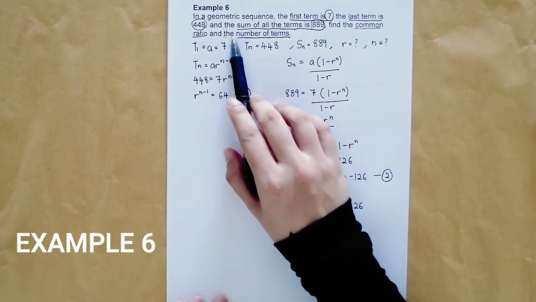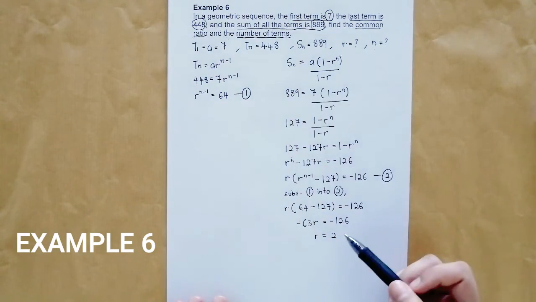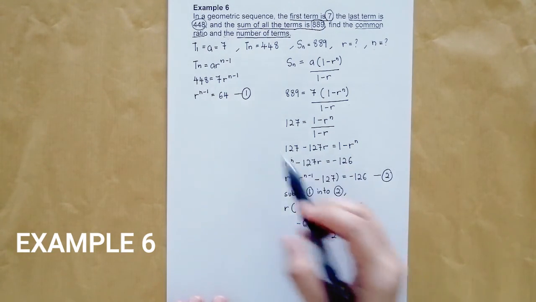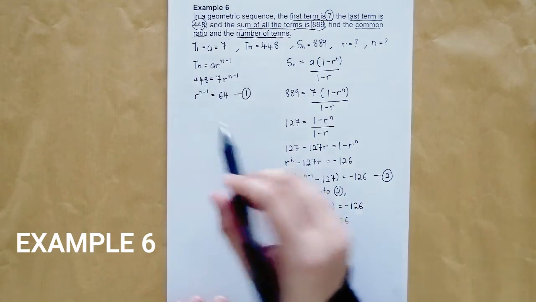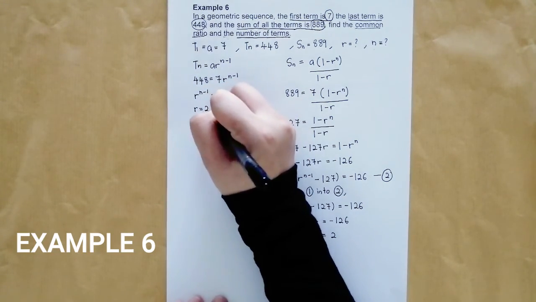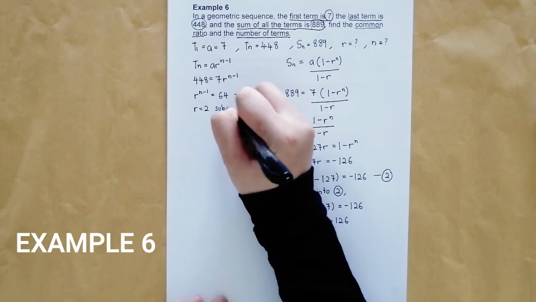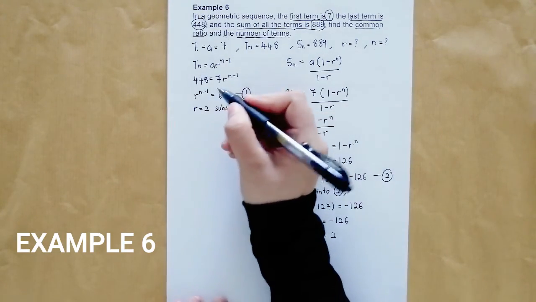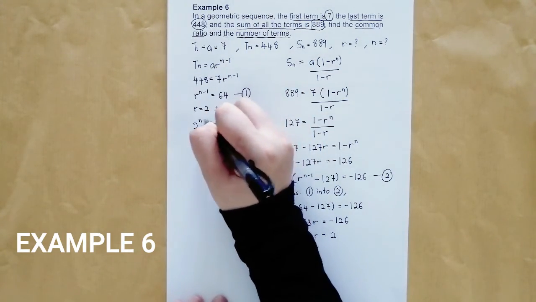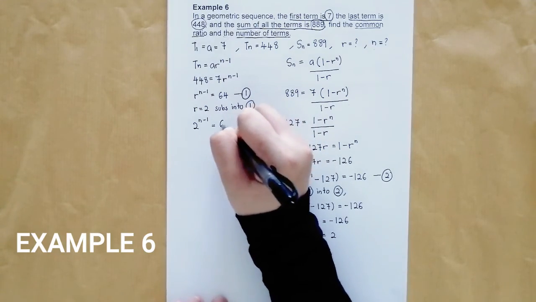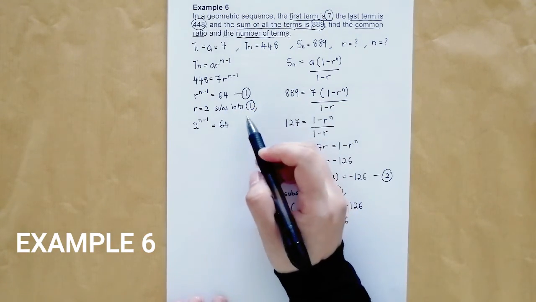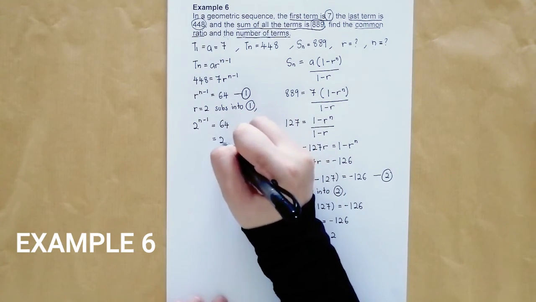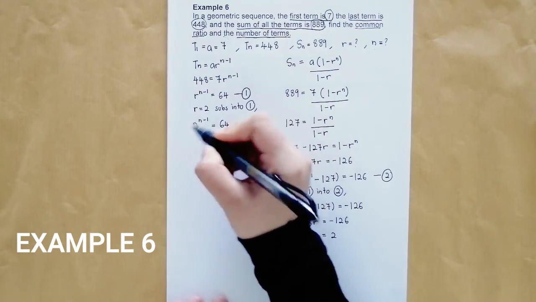Now, to find the number of terms, you can substitute R equal to 2 into equation 1. So you get 2 to the power of n minus 1 equal to 64. We can change 64 to base 2 with the power of 6.